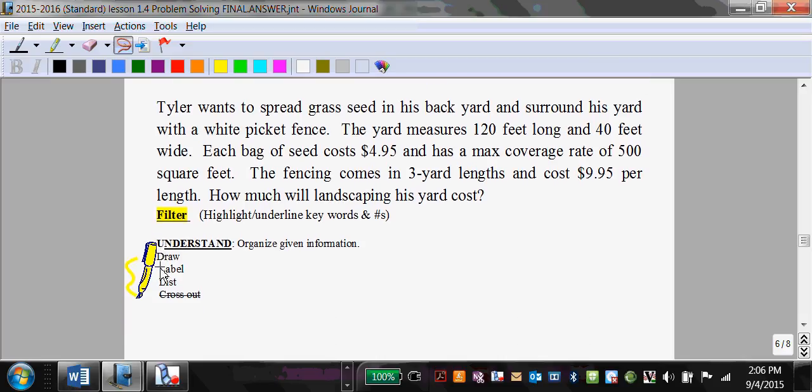Step number 1. You're gonna finger track and read this out loud. You're gonna do that on your own, and then you go back and you can filter. Go. Finger track, read out loud, filter.